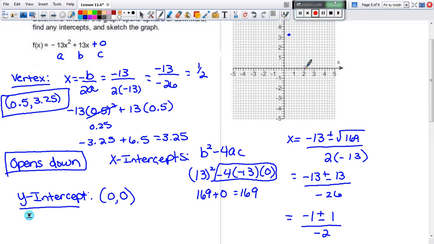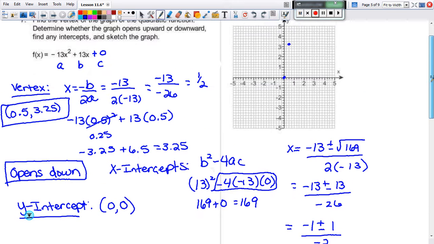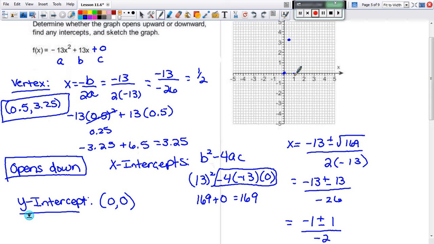And then your x-intercepts are 0, 0, and I think it was 1, 0. Yes, 1, 0. You connect those with a U. Sorry, that's supposed to touch the vertex there. That's better. All right, that one's done.